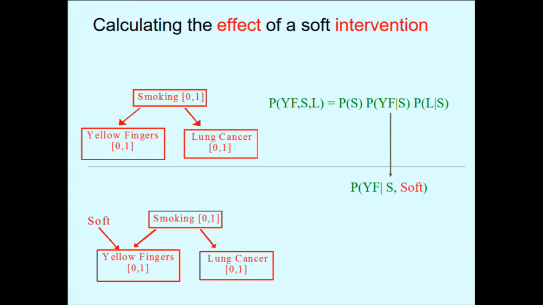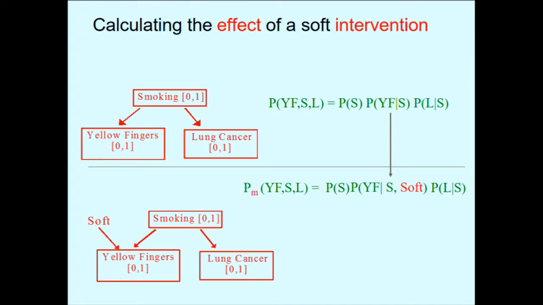So I'm replacing it because I'm not replacing the influence of S, I'm changing the influence of S. So that's the distribution that I'm going to get to. So this term right here says I still have to include the influence of, oh, this is a terrible choice of colors and symbols. I apologize profusely. But you can see what the idea is here. So I've now replaced this yellow fingers given smoking with yellow fingers given smoking and what the soft intervention was. And that's the manipulated distribution there.